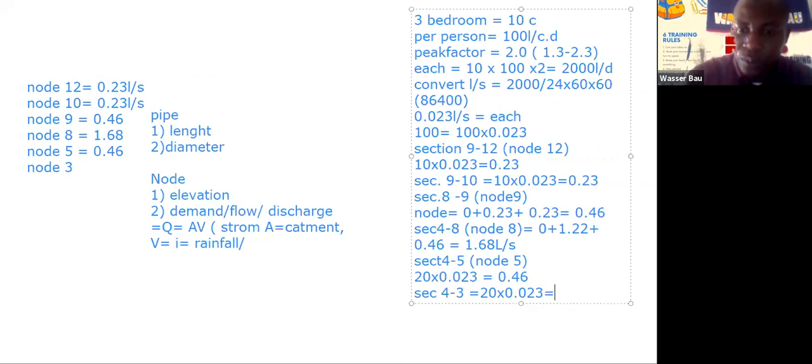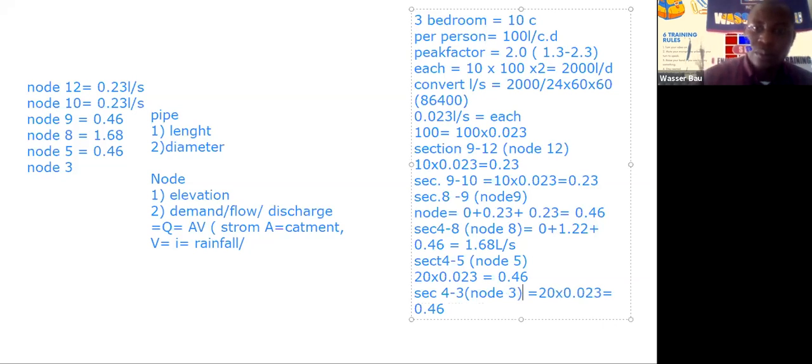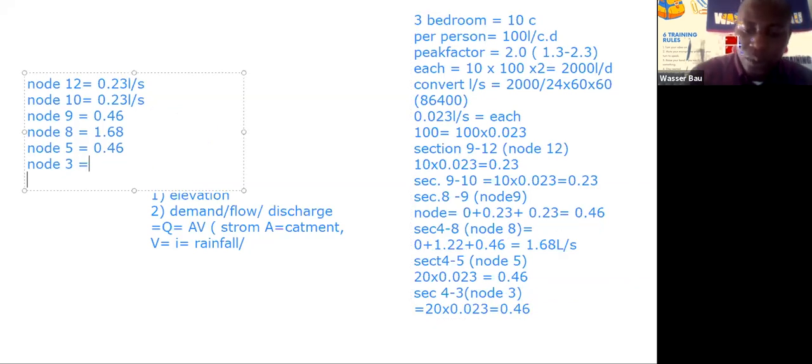That will give you 0.46 again, and that will be the value for node 3. So we'll come here and say 0.46 again, liters per second.